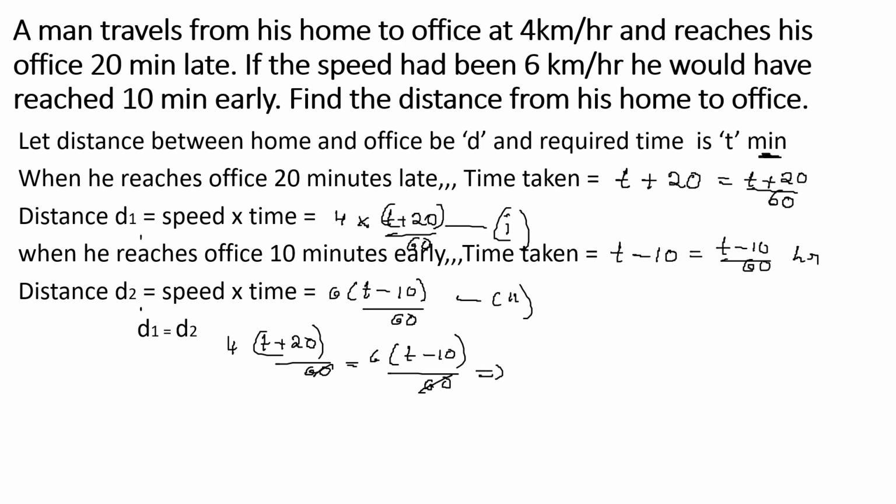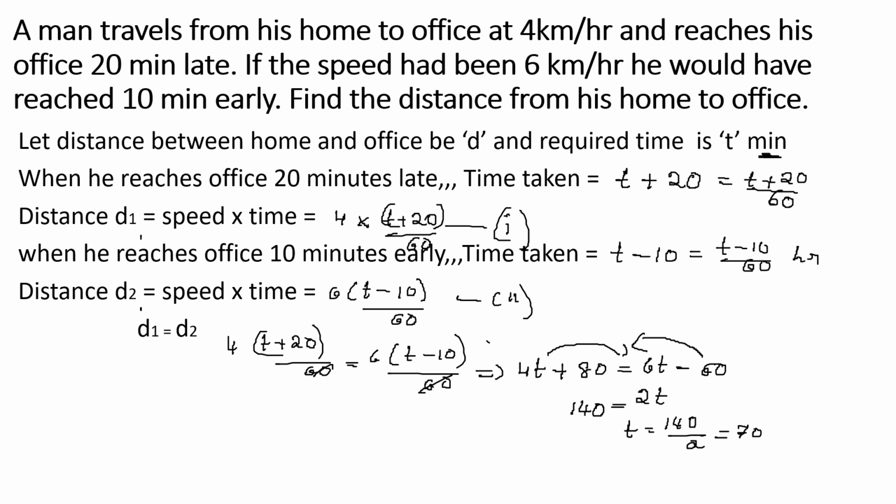So this implies, we can multiply 4 into T, 4T, 4 into 20, 80, and the right hand side 6 into T minus 6 into 10, 60. Now bring T's together and numbers together. 6T minus 4T is 2T, and 60 comes this side, becomes plus, 80 plus 60, that is 140. T is equal to 140 divided by 2, that is 70 minutes.